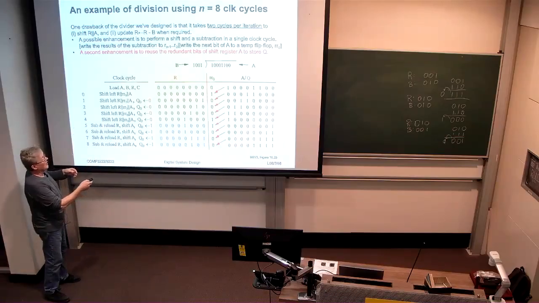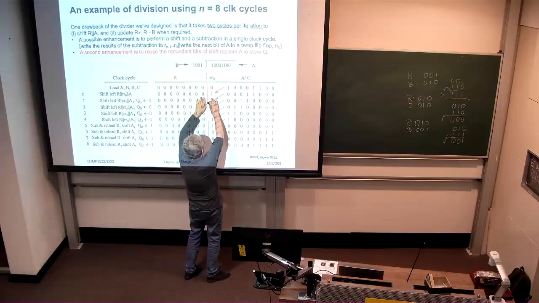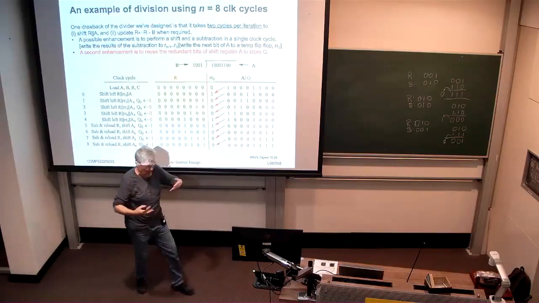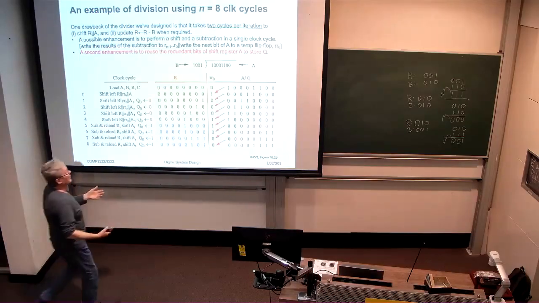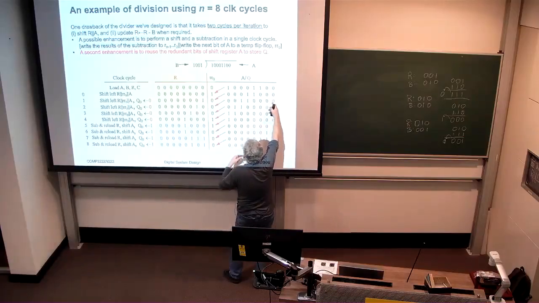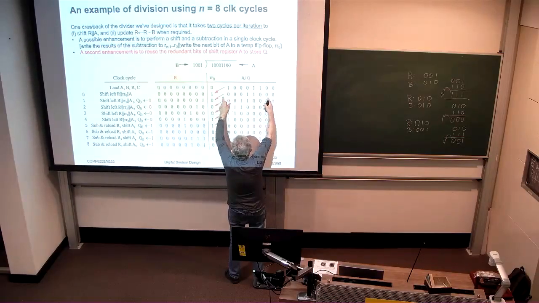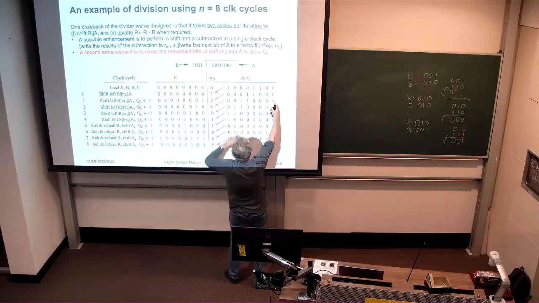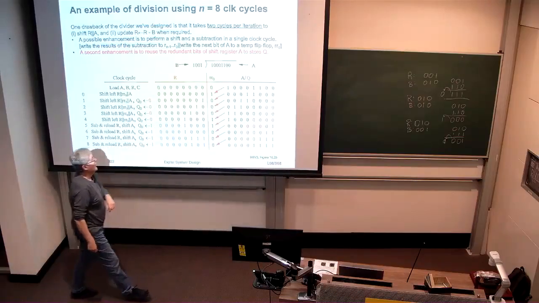In the next clock cycle, that first determination of whether we can subtract B from R or not leads to a negative C out as a 0. That gets shifted in at the same time as we shift the next 0 into RR0. As we shift this across, we're shifting the 0 in. That's our quotient bit from that very first cycle.